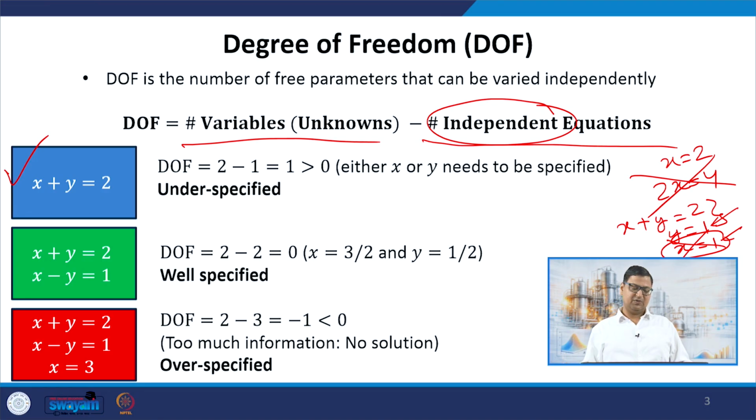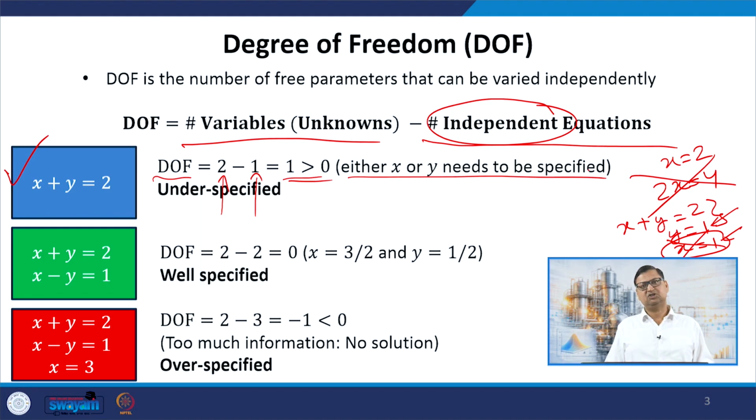What we say here, therefore, is that the degree of freedom of this system is the number of variables, which is 2, minus the number of independent equations. The equation is only 1, so it is of course independent, and the degree of freedom is equal to 1, which is more than 0. That means either x or y needs to be specified, and this system as it is, unless I give the value of x or y, is what is known as an under-specified system.